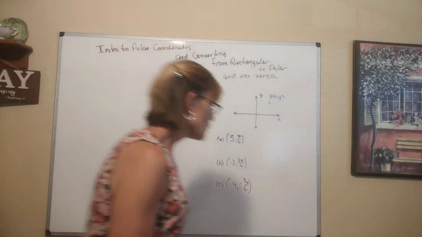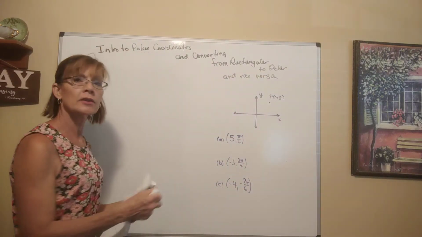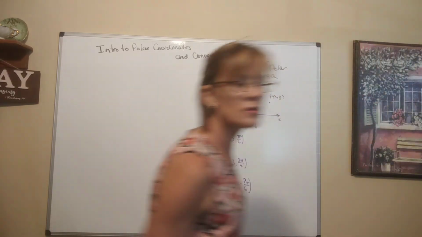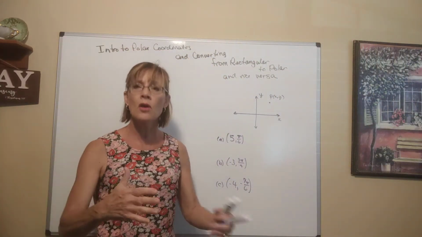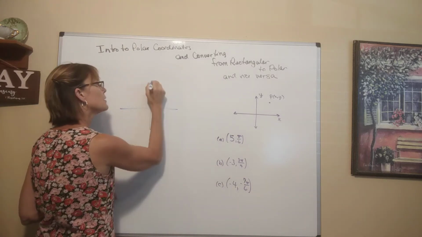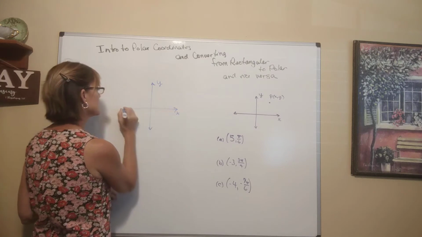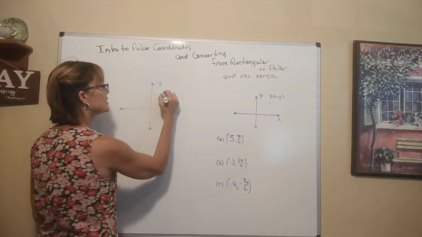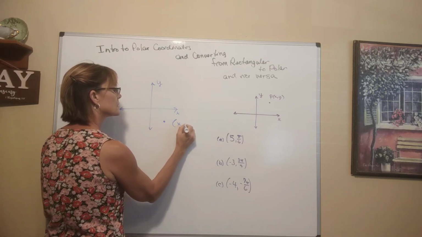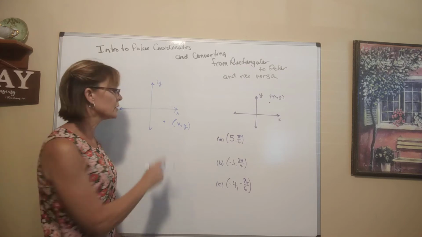So here is what we've traditionally known as the rectangular coordinate system. That is the XY axis. It's also called the Cartesian coordinate system. All of those mean the same thing. So here's our traditional coordinate system with our Y-axis and our X-axis. If we have a point in space, here, let's just pick a point, (X, Y), it has two coordinates that describe it.